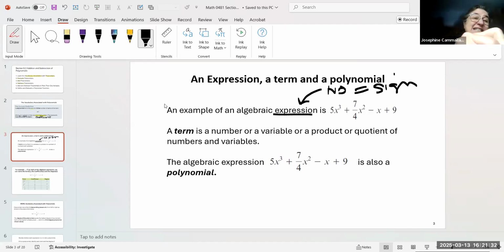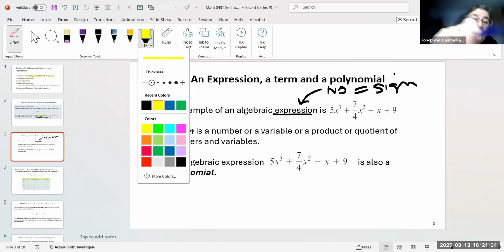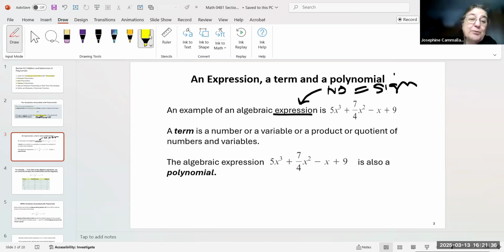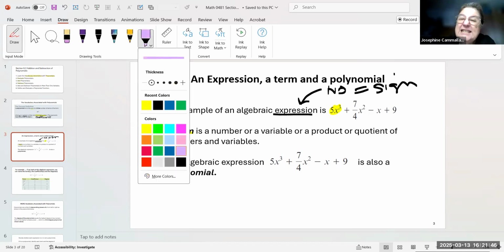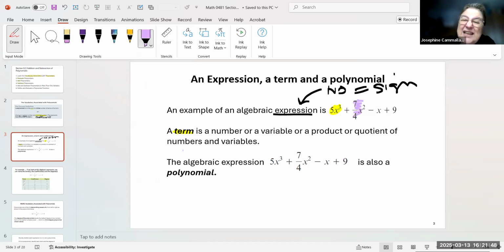Now, inside this polynomial or algebraic expression, we have what we call terms. 5x cubed is a term. Positive 7/4 x squared is a term.